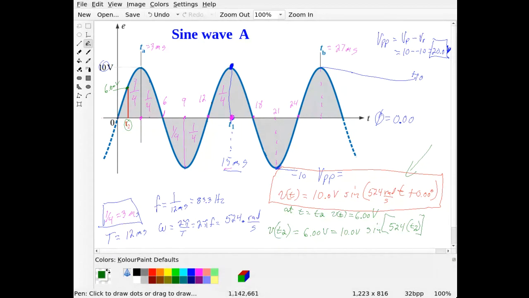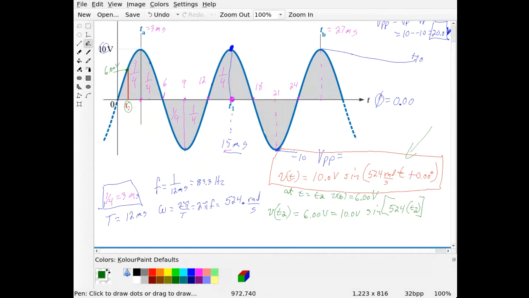Use some square brackets here to just separate those. All right, and so I need to solve for T2. First I'll divide both sides by 10. So I get 6 over 10 is equal to sine 524 times T2.